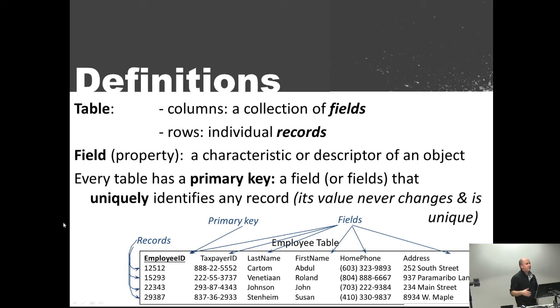So the choice of that ID is very important. As I said, you couldn't use the address because several people potentially live at the same address, and people move address. Same story with the phone number. You may change phone number. You couldn't use the surname.